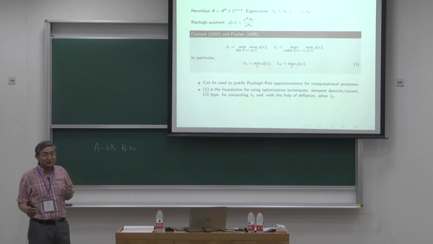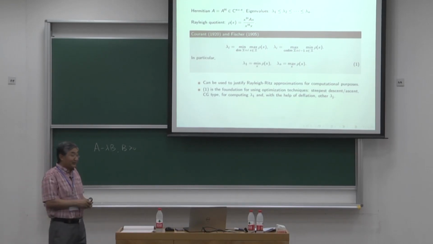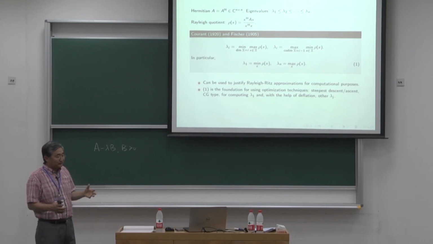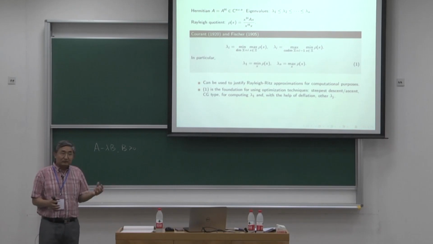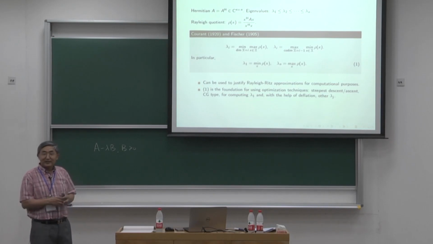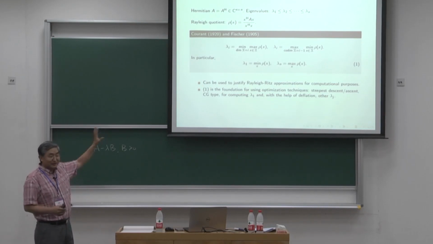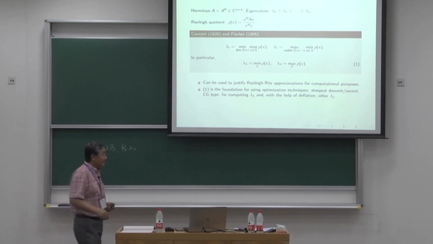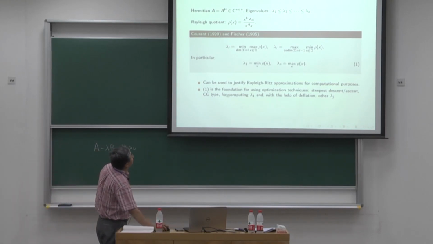It's hard to learn, and then once he realized it's basically about two subspaces, one of dimension i, when the dimensions add together to be bigger than n plus 1, then they have a common vector. This is basically the key point to prove the theorem, and we're not going to prove it here.